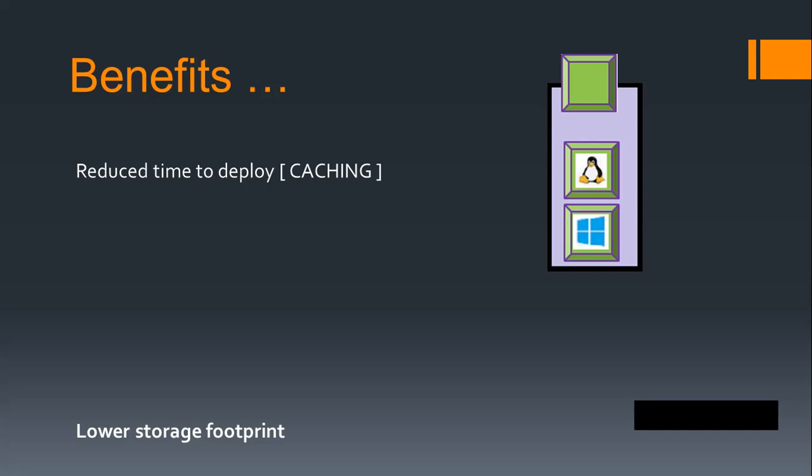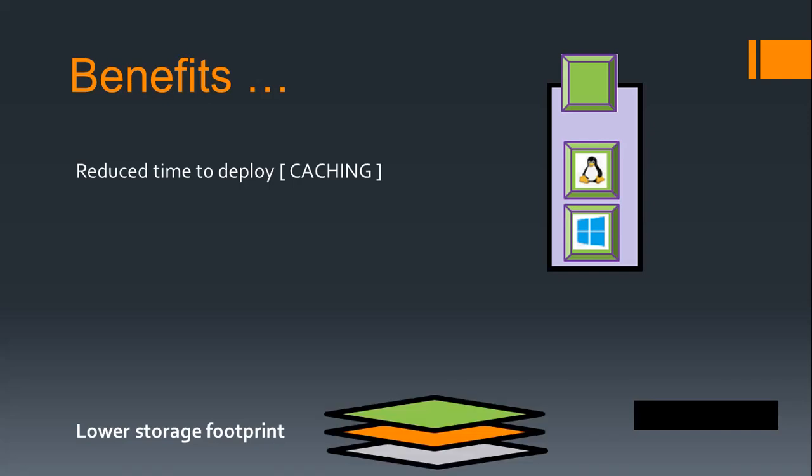Then obviously it has a lower storage footprint. If this looks confusing to you, let us take an example. Say you have an image with 3 layers of stack and the lowest one is the parent image. Now you try to pull another container image, which uses the same base parent image, but the increment is a bit different. Maybe on a CentOS image, in one you download MySQL and in the other you download Apache.